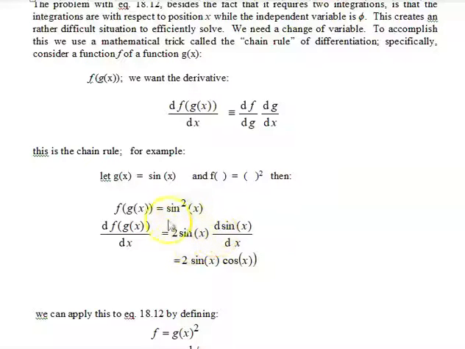So this term here, 2 sine x, is this term, the derivative of f with respect to g. Then I take the derivative of g with respect to x. It's the derivative of sine of x with respect to x, which is the cosine of x. So the derivative of the sine squared of x is equal to 2 sine x cos x. That's something one learns in elementary differential calculus, but we're going to use it, so that's why I repeat it.